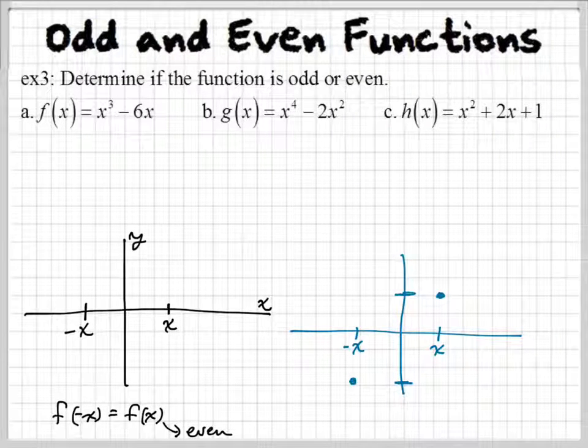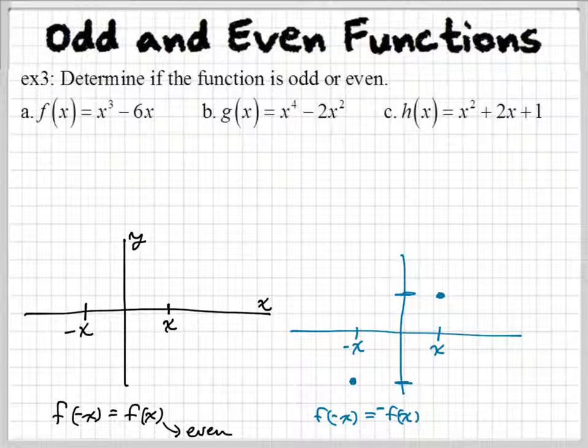And so it's flipped. Does that make sense? This would be symmetry about the origin. And algebraically, it would look like this. If I plug in a negative x, it's going to give me the y value of the other one, but the opposite. So it's going to be negative f of x. This is an odd function.